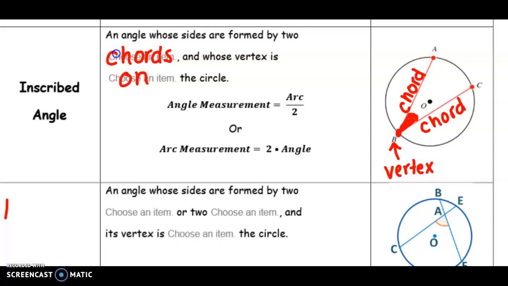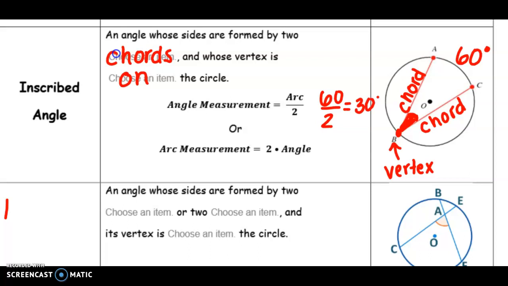is the inscribed angle. Now, to find the measurement of an inscribed angle, you will divide the arc by 2. For example, if my arc measured 60 degrees, I would divide 60 by 2, which gives me a measurement of 30.